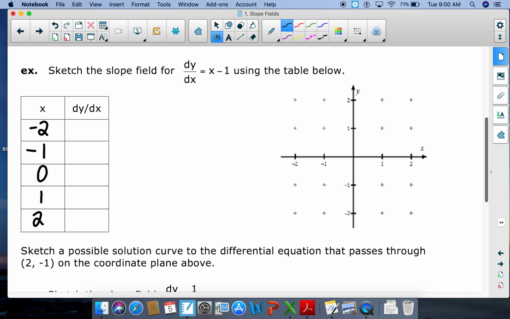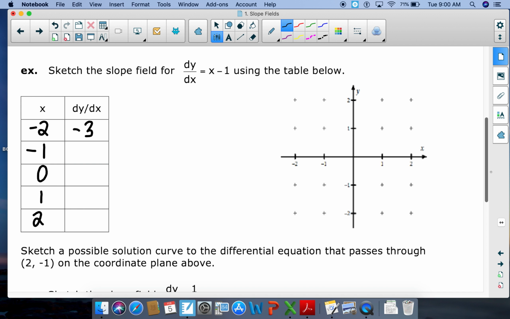Okay, and what I want to know is what is the slope when my x is -2, -1, 0, 1, and 2. And I'm going to go back to my original differential equation, my derivative. So what is the slope when x is -2? I just plug in, right? So take -2 and plug it into the equation, I should get -3.